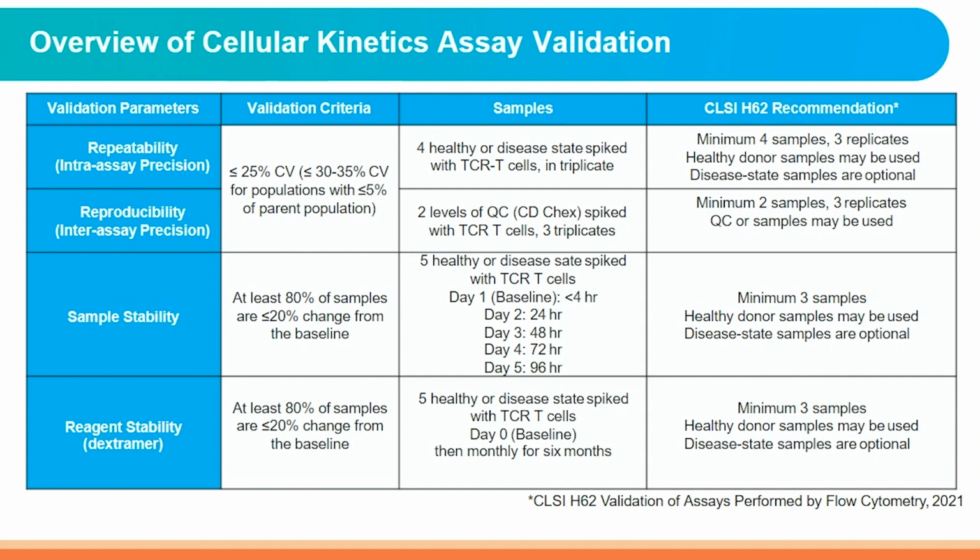The stability validation is performed by using spiked samples and tested up to 4 days. We also evaluate stability of dextramer, one of the most critical reagents in this assay, by using a similar approach as sample stability.